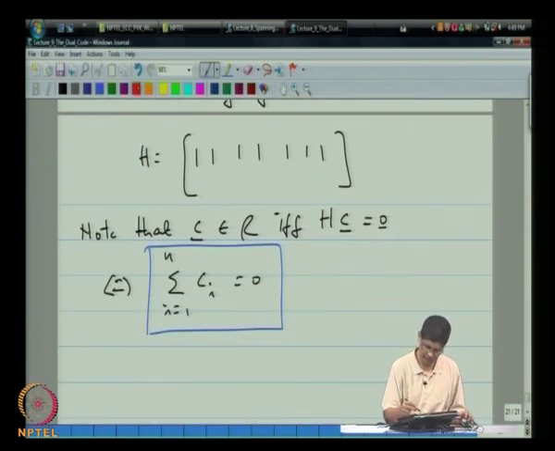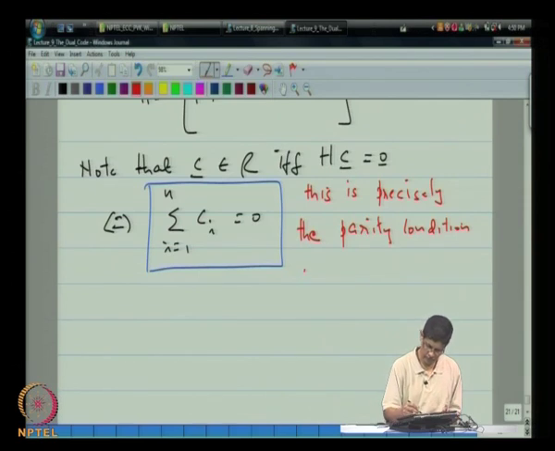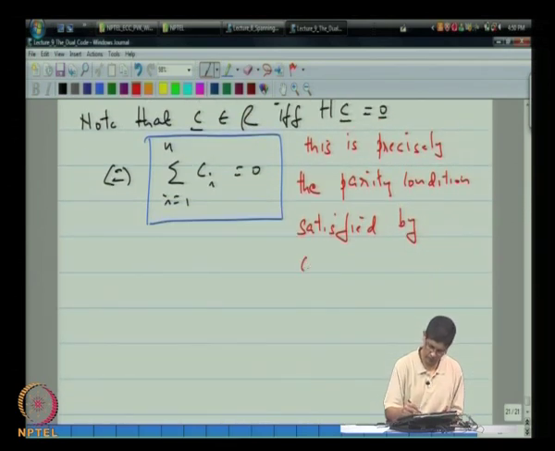So, this is precisely the parity condition satisfied by code words in C, hence the name.